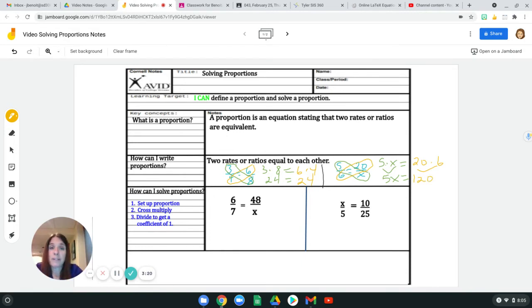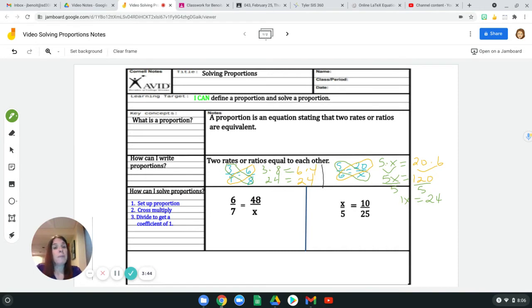Now, hopefully this rings a bell. This is a one-step equation. We're going to solve that by dividing by the coefficient of x on both sides. So then we get 1x equals, how many 5s go into 120? If you said 24, you are correct.